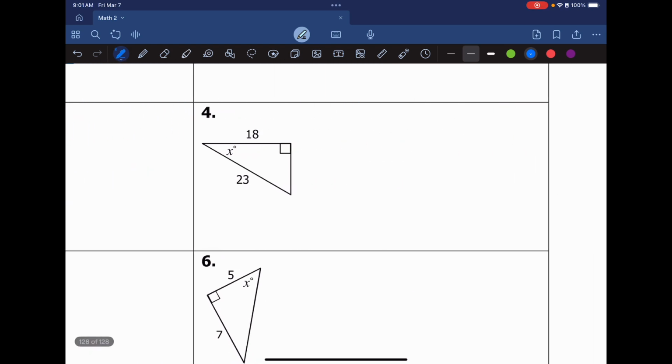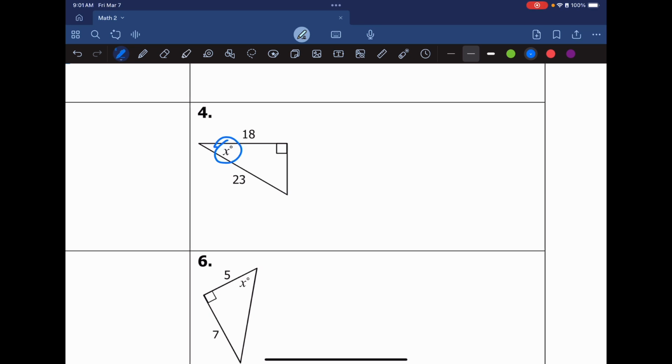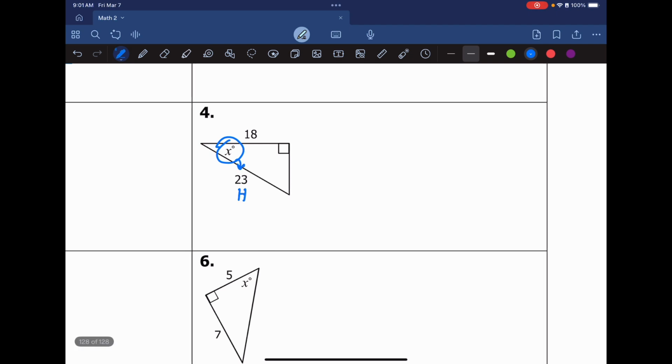So number 4 here, there's my angle. Well, the easiest side here, again, is going to be this side. This would be the hypotenuse, opposite of the right angle, which means 18 is going to be my adjacent side. So adjacent over hypotenuse, that's going to be cosine, or inverse cosine here.